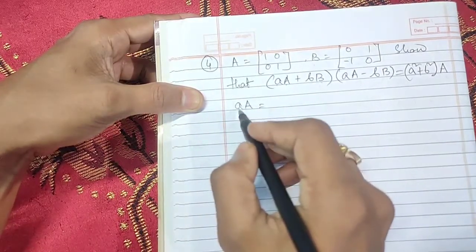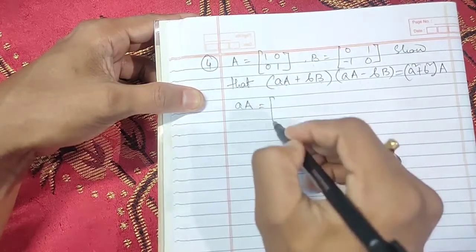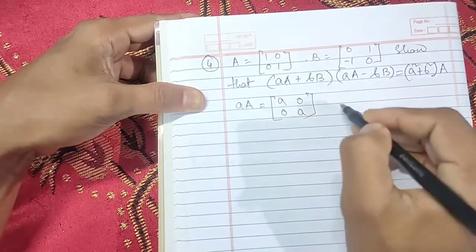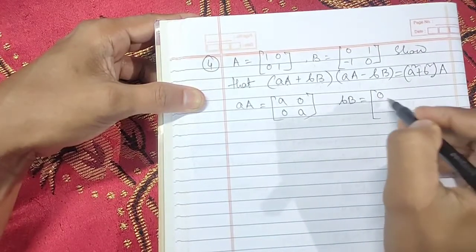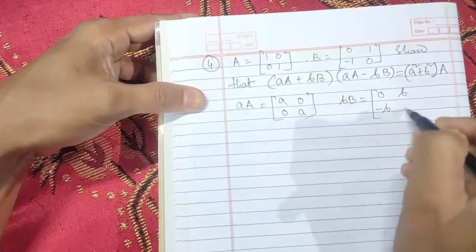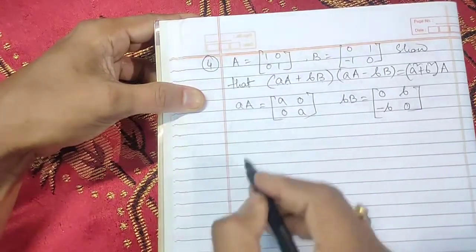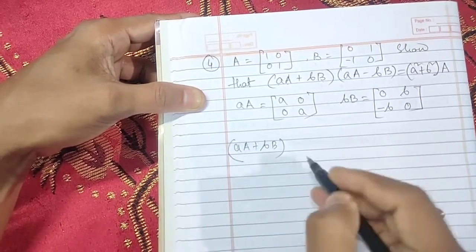That means scalar multiplication, you have to multiply with all the elements. So it will come a 0, 0 a. Similarly b into capital B, so what will come? 0 b, minus b 0. This will come. Now add it.